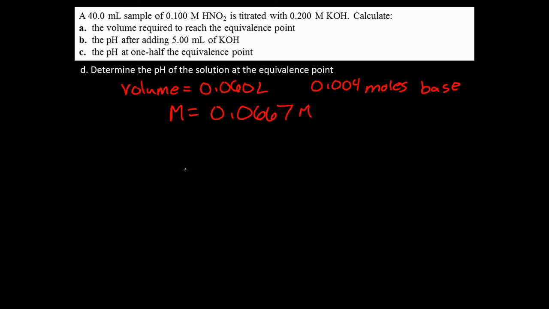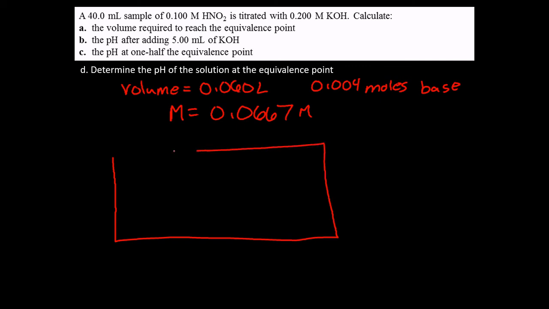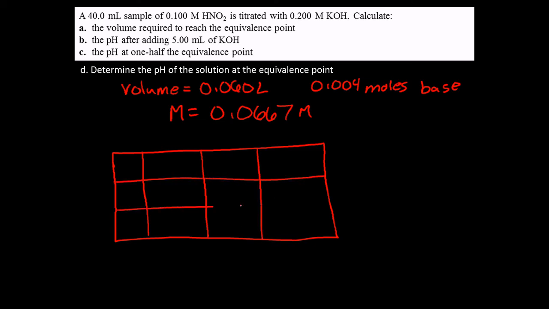And so what we need to do then is treat this just like a weak base problem. So we're going to go ahead and make our little ice table here. Have our initial, change, equilibrium.